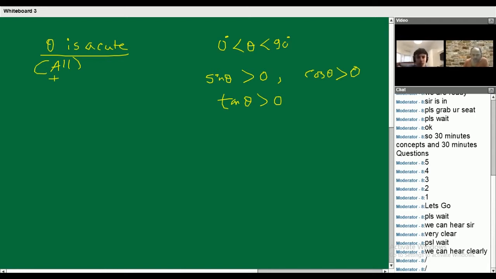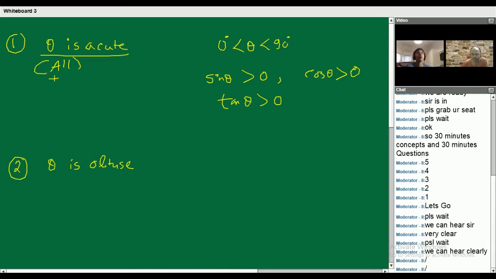Now the next case is when theta is obtuse. Can you give me an example of an obtuse angle in degrees? An obtuse angle is more than 90 degrees.